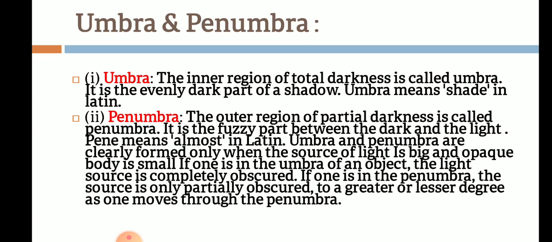Pen means almost in Latin. Umbra and penumbra are clearly formed only when the source of light is big and the opaque body is small. Dear students, in the umbra of an object, the light source is completely obscured, to a greater or lesser degree as one moves through the penumbra.